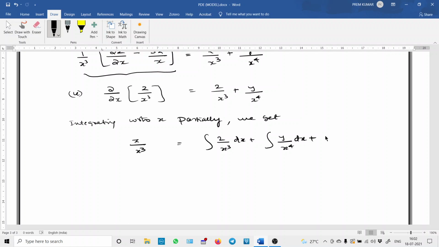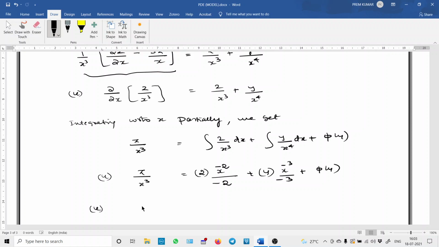That is, z/x³ equals, for 2 we integrate using xⁿ⁺¹/(n+1), plus y into x raised to minus 3 divided by minus 3, plus some function of y.